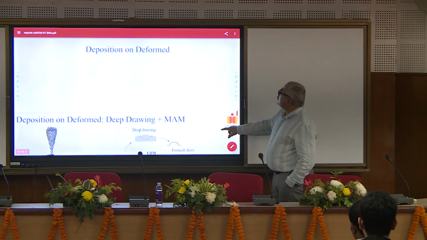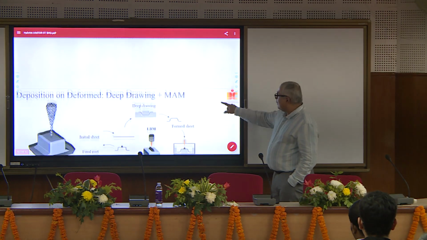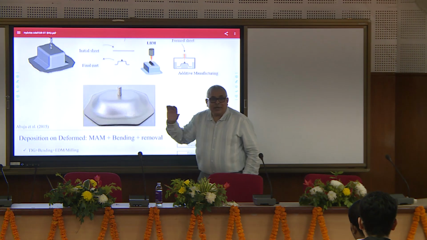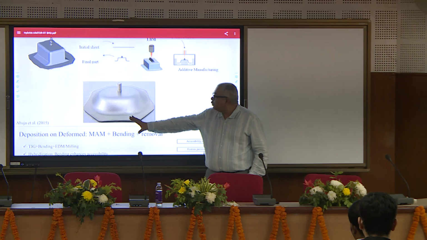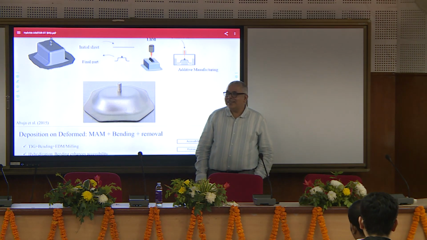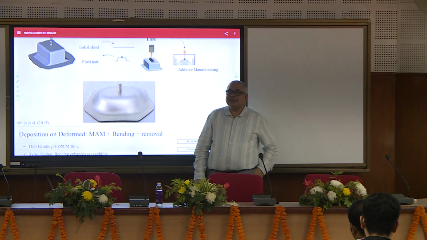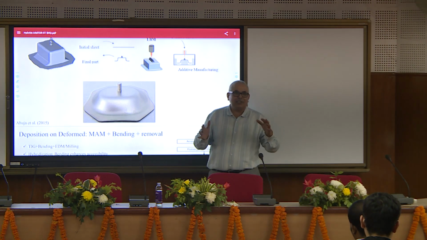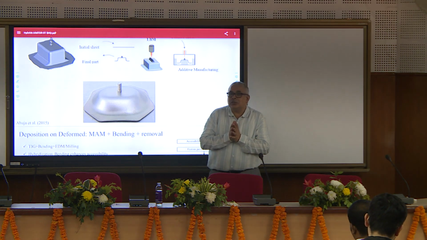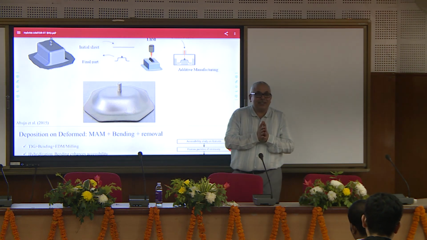Now, deposition on deformation, I'll just spend a little time. Let's say you need a component like this. Can you make it using one process? No. Then what the designer thinks is, okay, I have to assemble this way, that way. Today, by judicious use of these two manufacturing processes, you can come up with a design methodology.